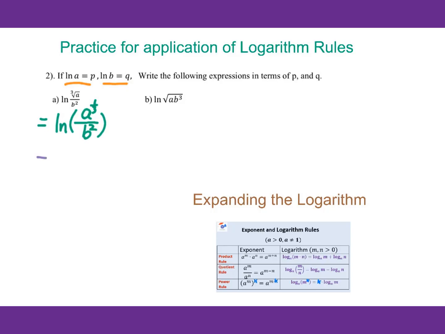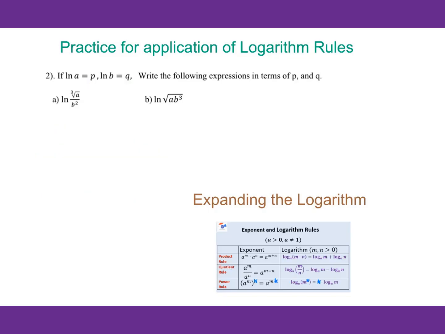Then we expand the log: 1 over 3 natural log of a minus 2 times the natural log of b. Then last step, plug in. Natural log of a equals p, so 1 over 3 p minus 2 times q.